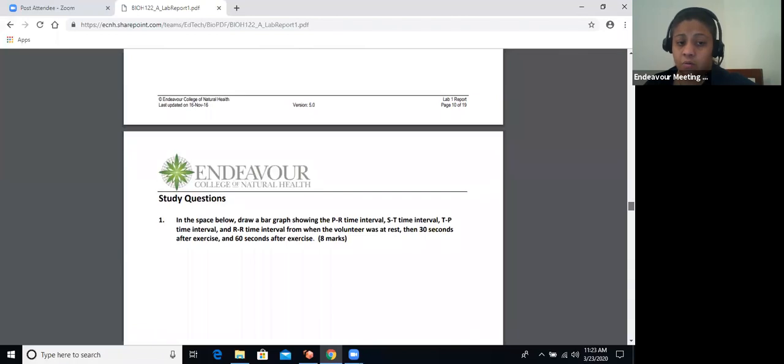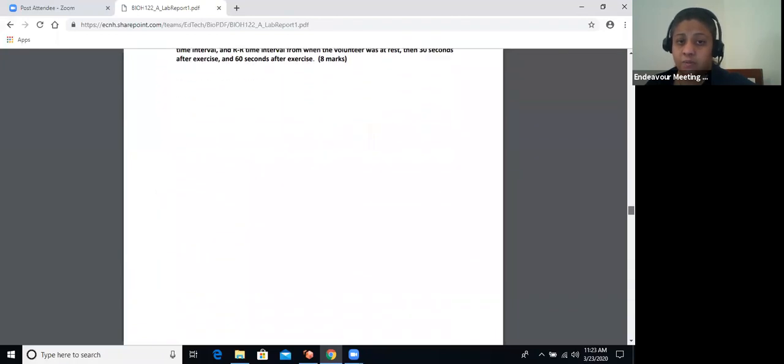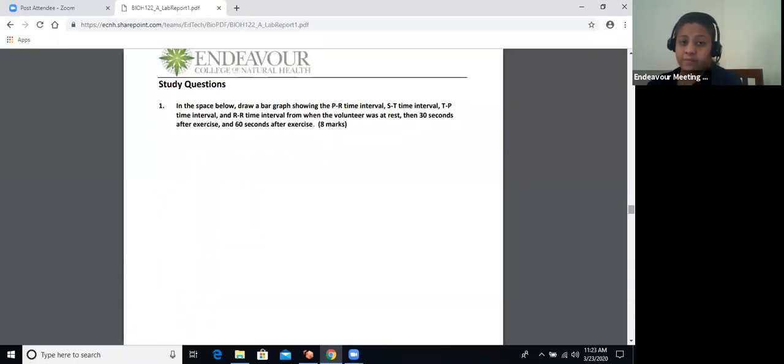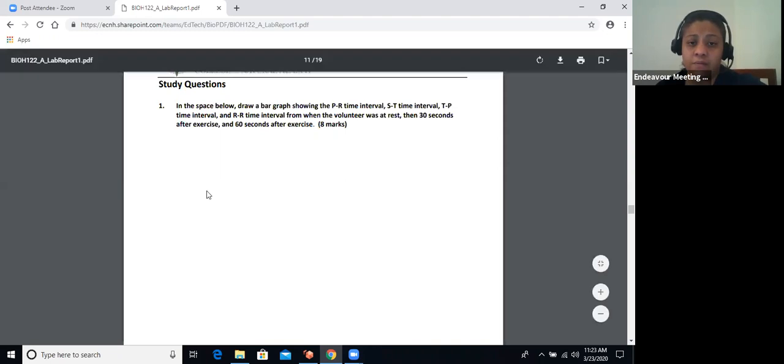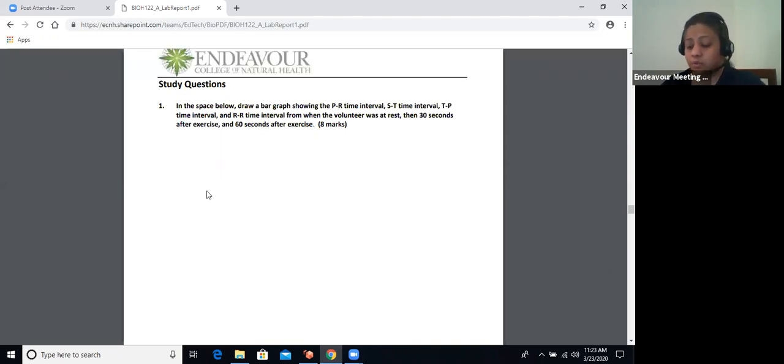So when you go down, there are questions which are asking you to plot the graphs and also asking you to analyze them. Okay, so my colleague Avni will take you through these questions and how to plot the graphs and what is important. But just to bring it to your notice, when you're doing these graphs, make sure that, first of all, the title of the graph is very clear.